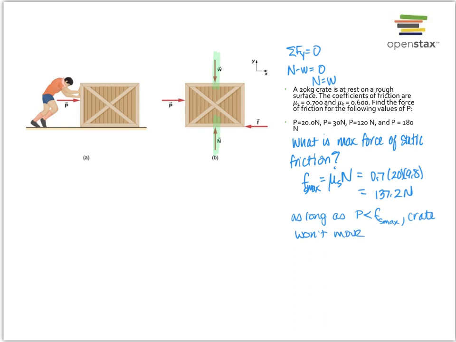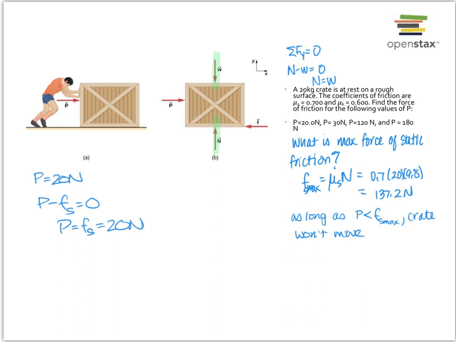So when P is equal to 20 newtons, we would have P minus the force of static friction, because it's obviously less than 137, is equal to 0. So my force of static friction is equal to P, so it's equal to 20 newtons.